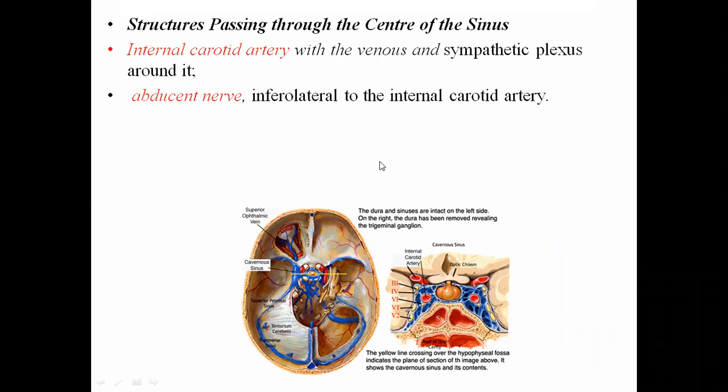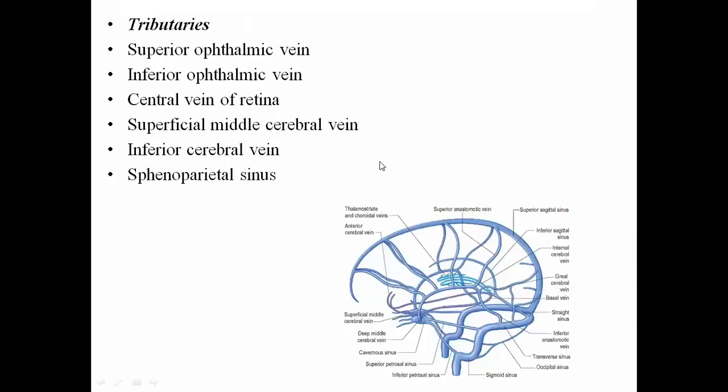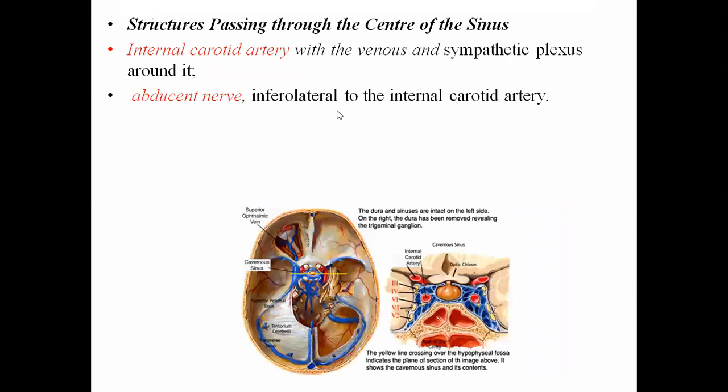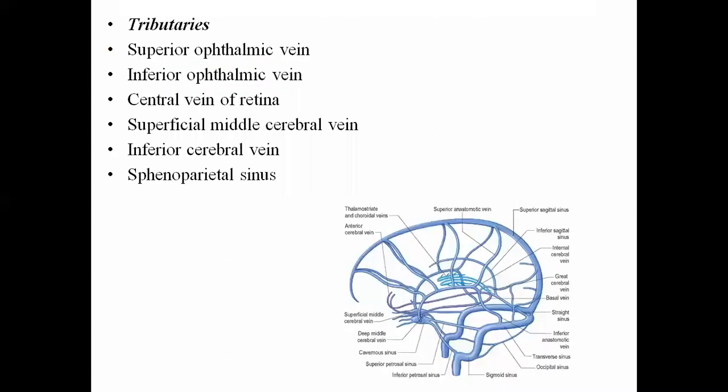Then, what are the other veins which are draining into cavernous sinus? Inferior ophthalmic vein is another vein which is arising from the orbit below the superior ophthalmic vein, that also drains into cavernous sinus. Central vein of retina. Retina is the deep layer of the eyeball. From there, some veins are arising that drain into cavernous sinus.